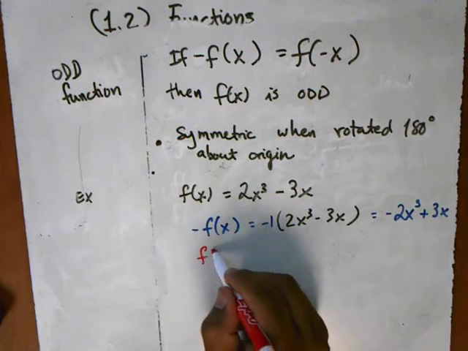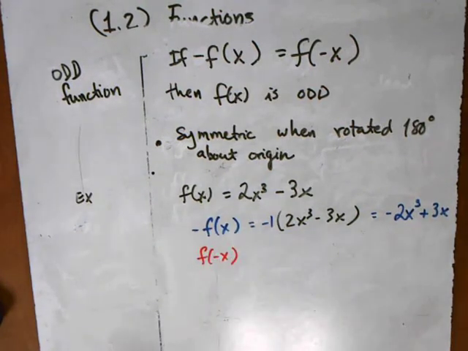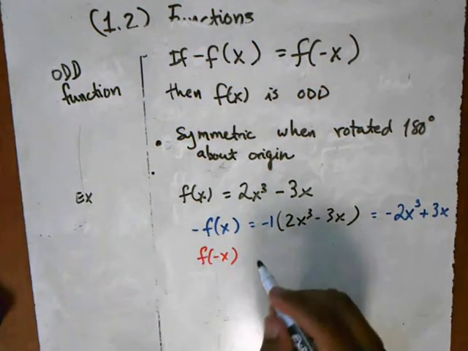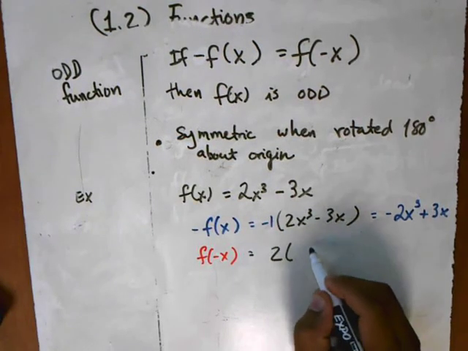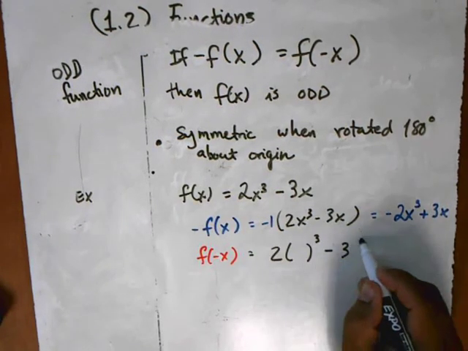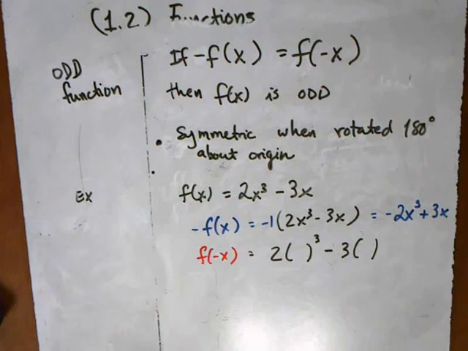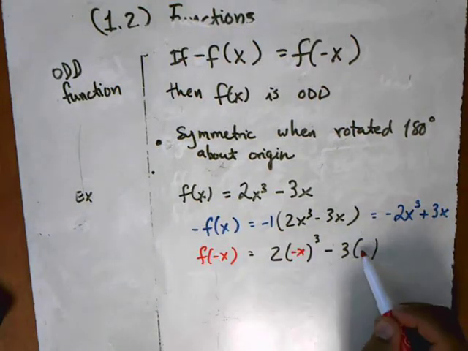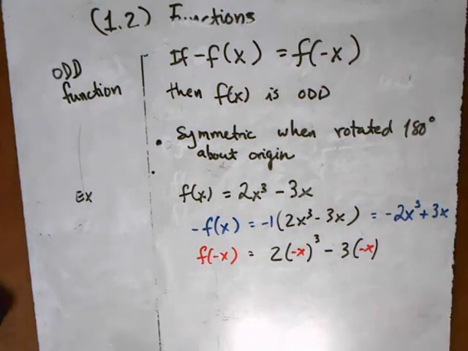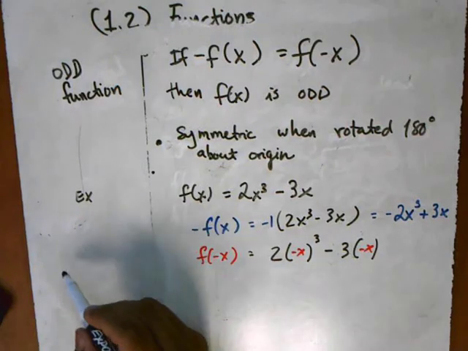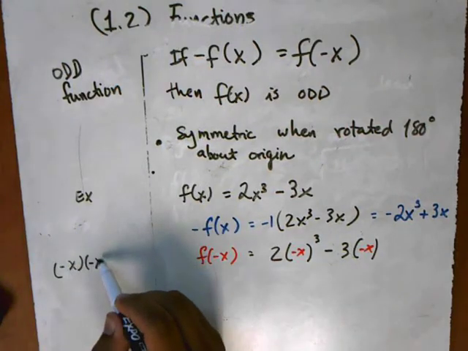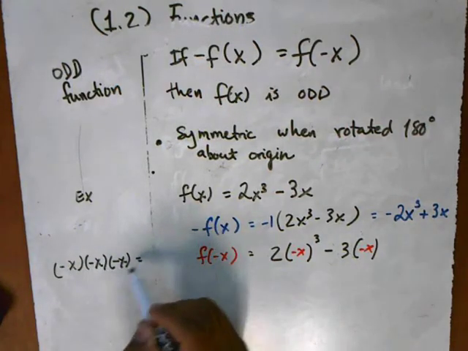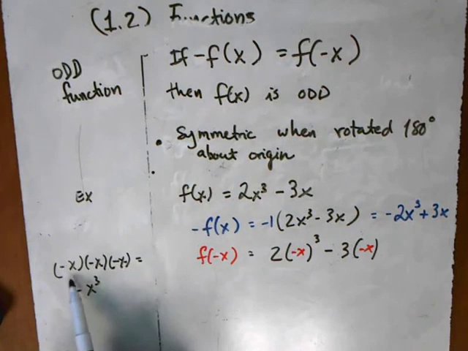What is f of negative x? That's like taking the exact same equation, 2, and then writing parentheses for all the x's, and substituting in negative x. You can see here that negative x to the third is negative x times negative x times negative x, which is negative x to the third again, because you have 3 negatives, so that's going to give you a negative.